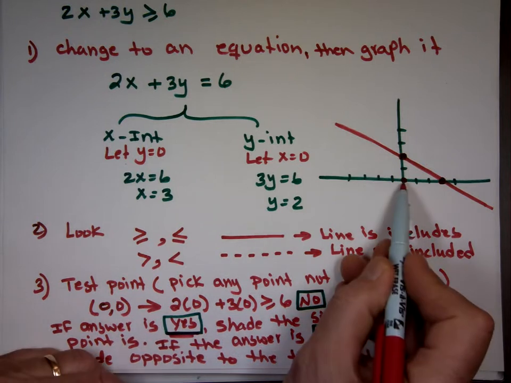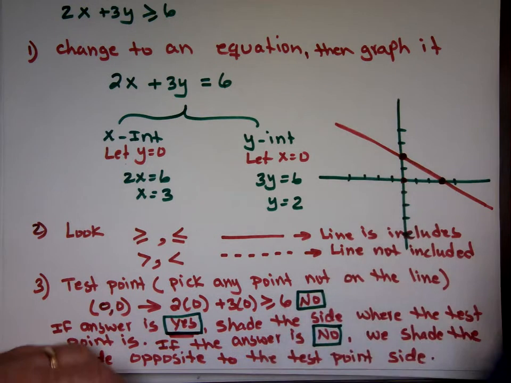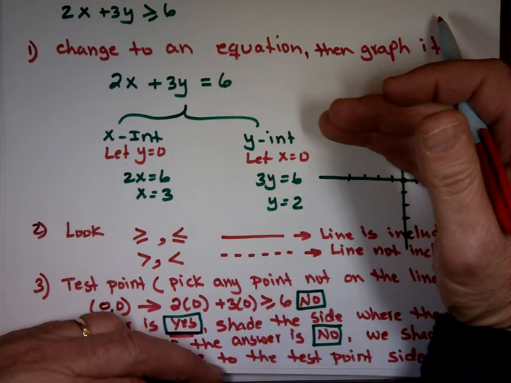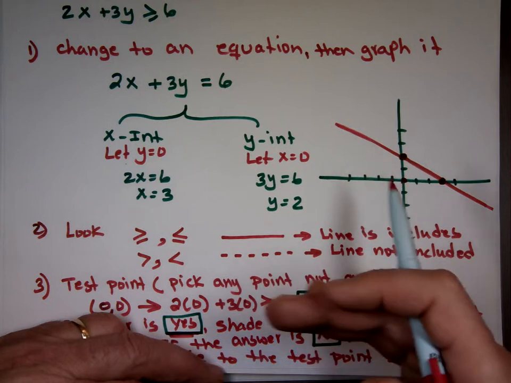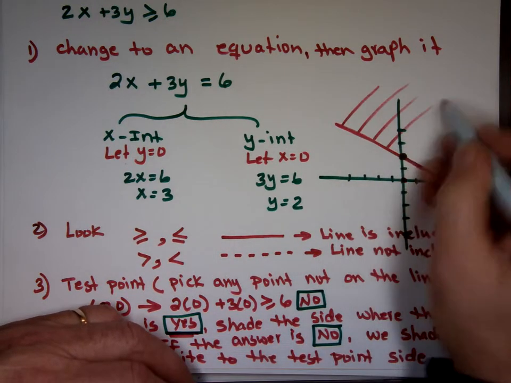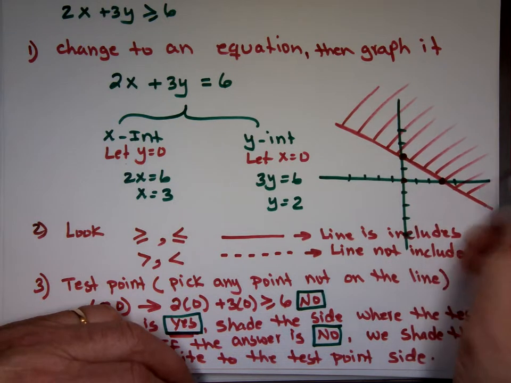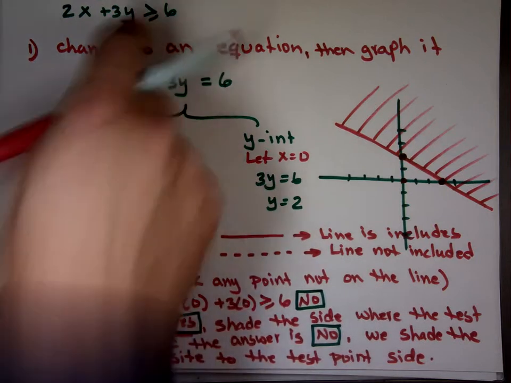This is where the test point side is. What is the side opposite to that then? Above that. Because the test point happens to be below the line, you're going to shade the side opposite to that, so my solution will be this area. Any point in that area will fit that inequality.